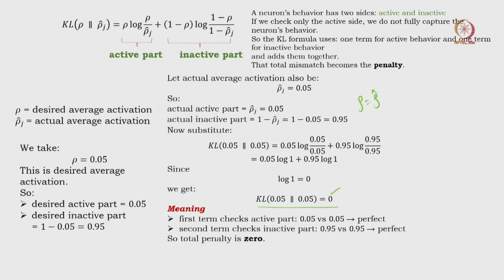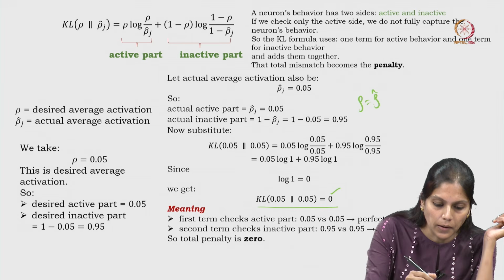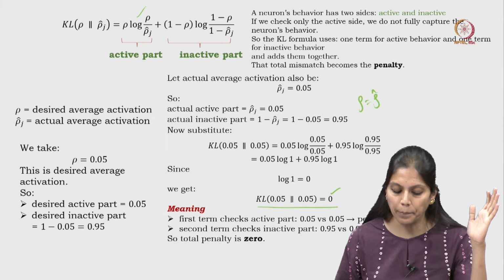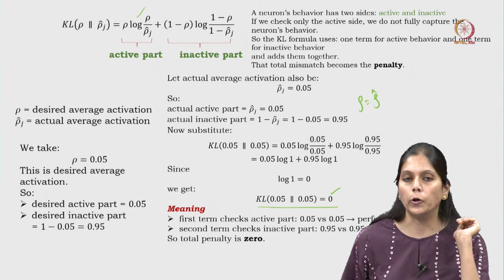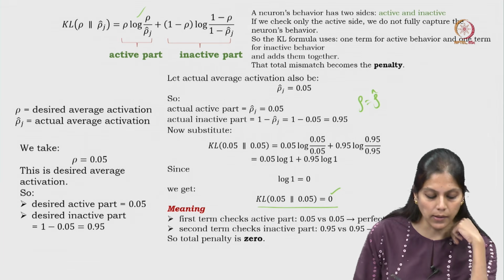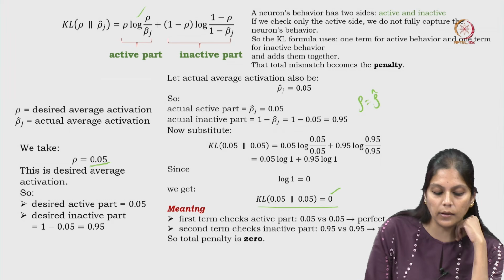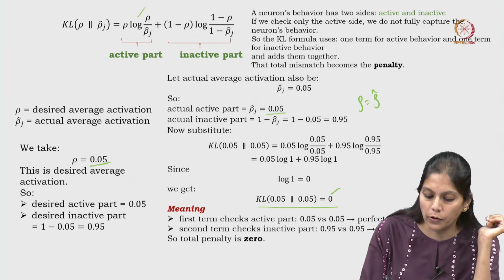Now let us understand what this active part and inactive part are. The first term is going to check the correctness of the active part. What do you mean by this? The desired is 0.05 and the actual active is 0.05.